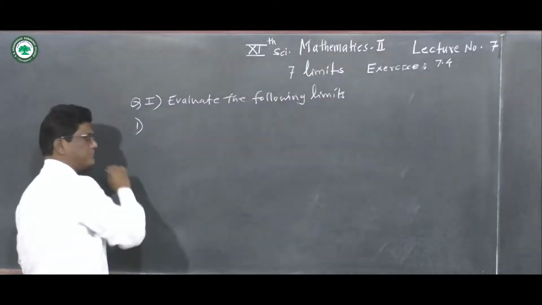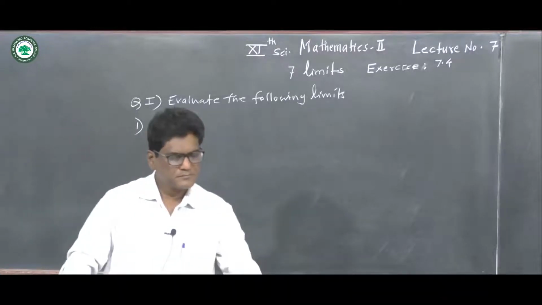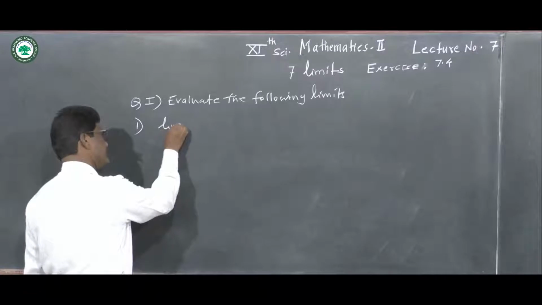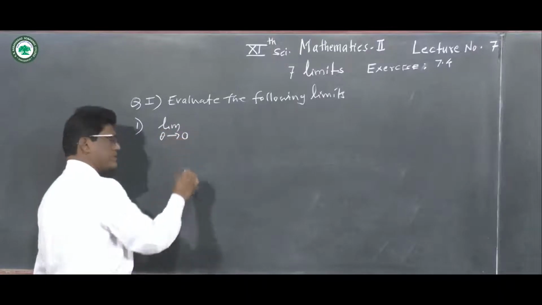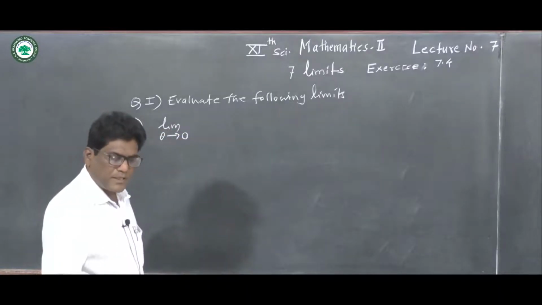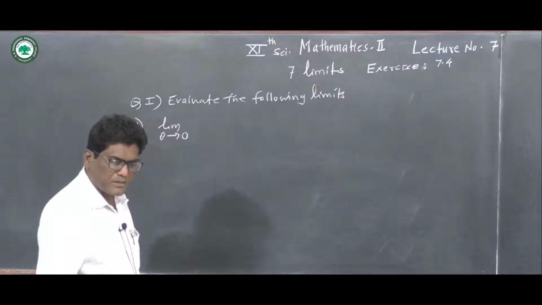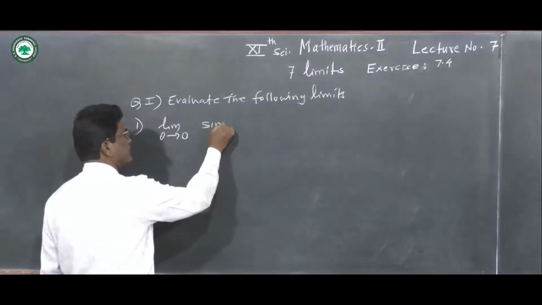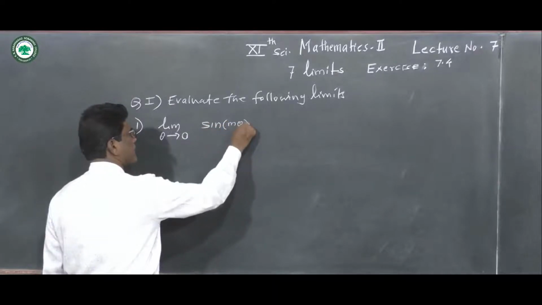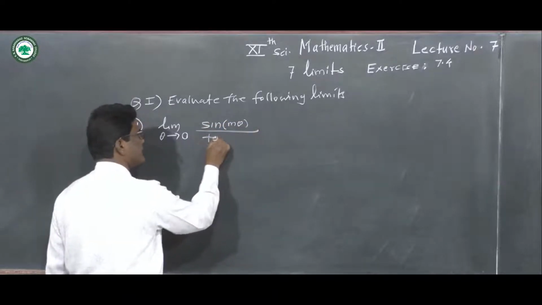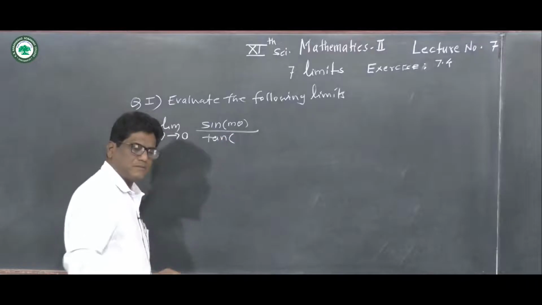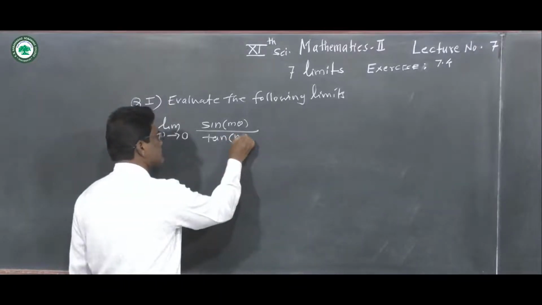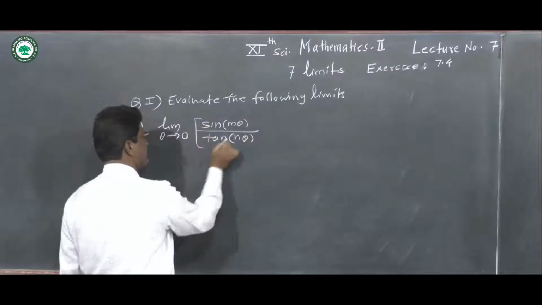First problem, limit as theta tends to 0, sin m theta upon tan n theta. This is the first problem.